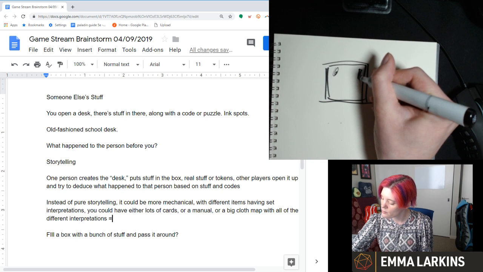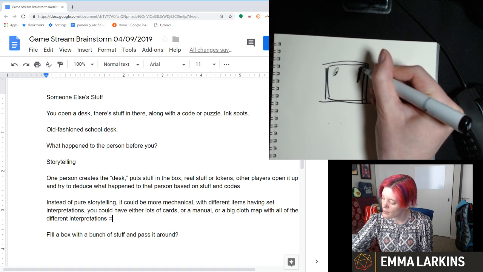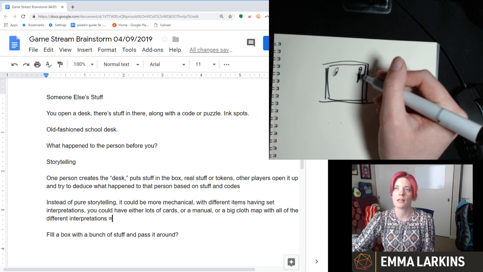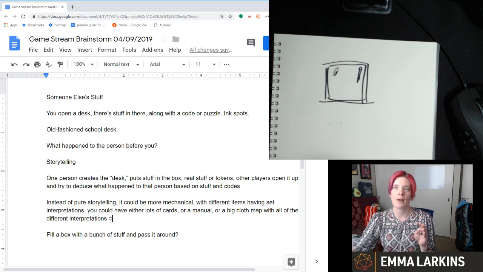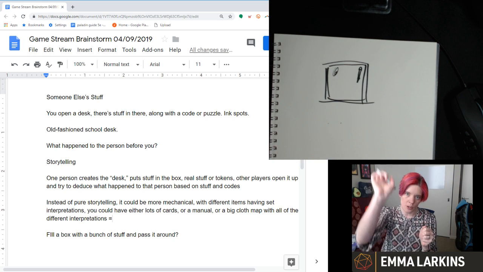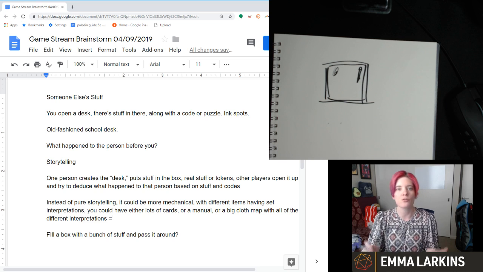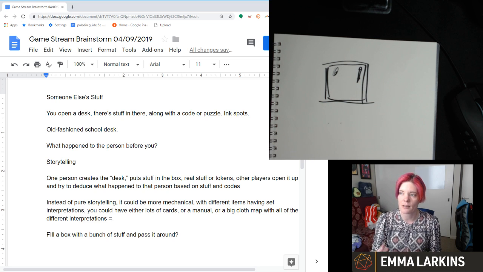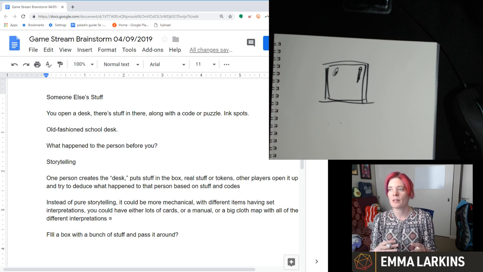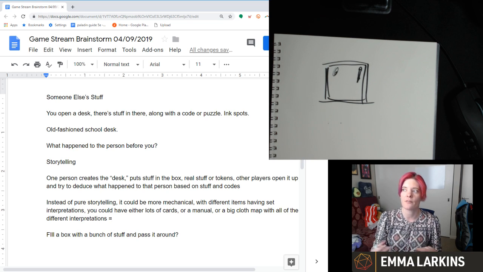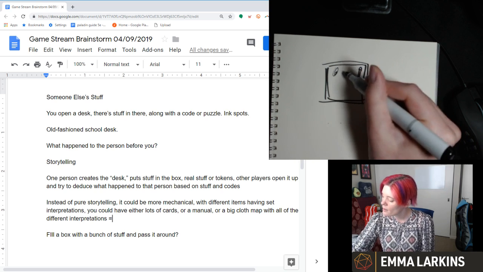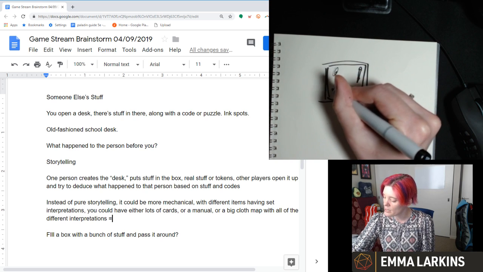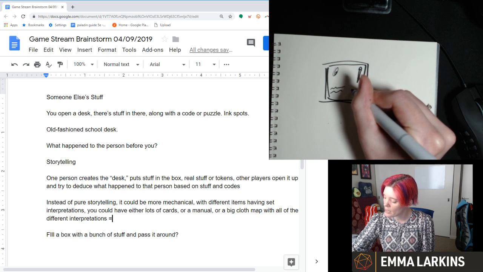And again, coming back to the theme of this, the idea is you're a student who, back in the day of actual lift up your desktop and there's a drawer in there, you're opening this up, you're finding things in there, so it hasn't been completely cleared out, but there's a little bit of a code in there and you're trying to figure out what happened to the student before you based on this code. So artistically, there could be some little bits of string.